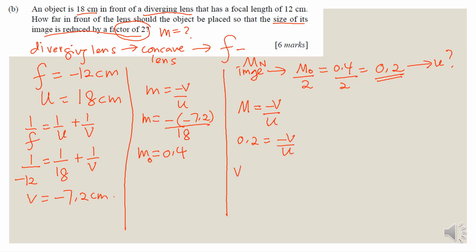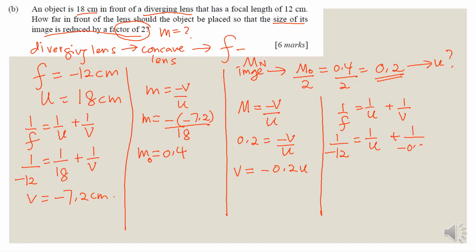So, carilah V dalam sebutan U is 0.2 U. So, kita gunalah lagi sekali 1 over F, 1 over U plus 1 over V. So, F is negative 12, U negative 0.2 U. Okay, so samakan bawah dia darab 0.2, 0.2. 1 bahagi negatif 12 dapat negatif 0.083. Okay, 0.2 minus 1 over 0.2 U.